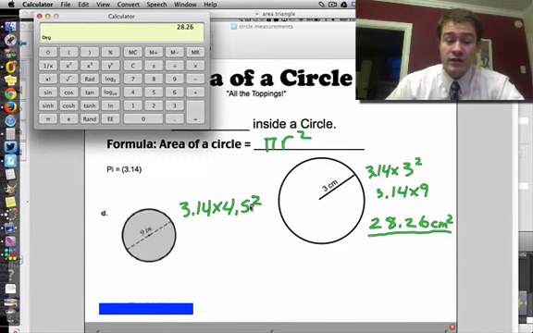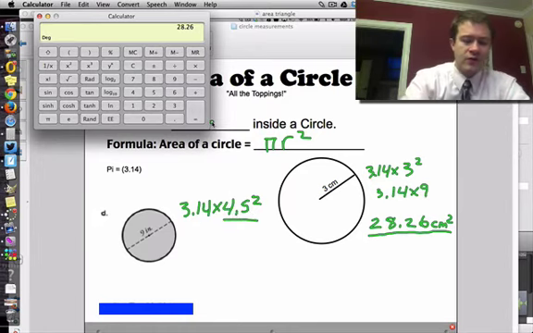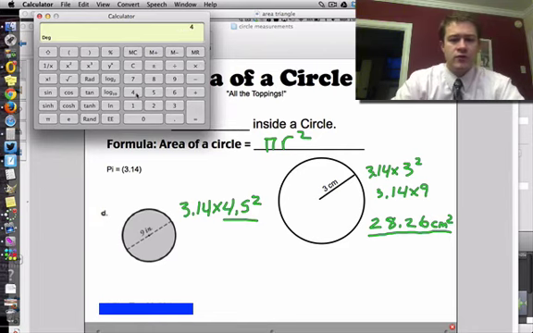And it's important that you do not square the whole thing, just the radius, because it's pi r squared. So we'll do 4.5 squared first. 4.5 squared. And I get 20.25.